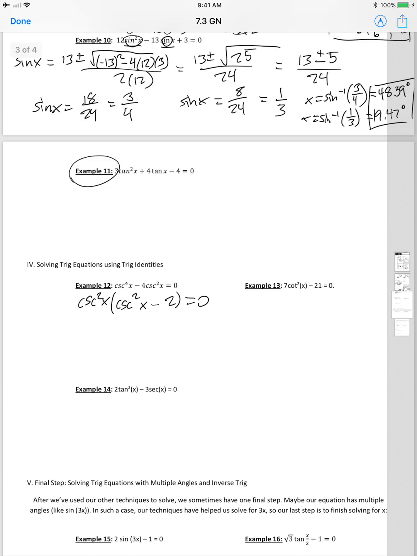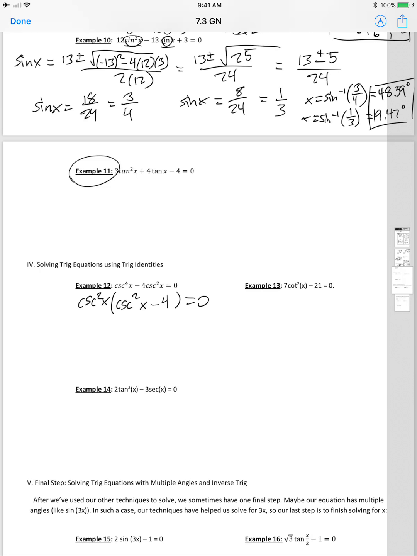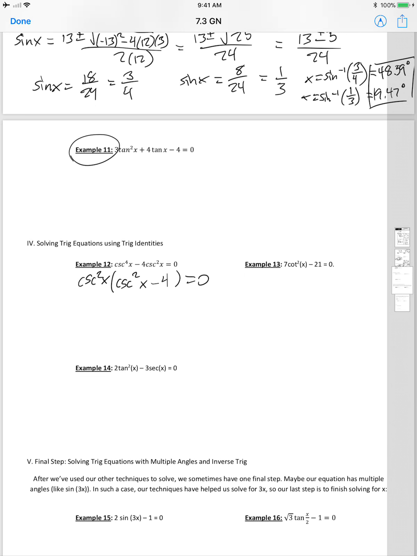Whoops, not sure why I wrote 2 there. All right, and certainly you could use those trig identities. You could change cosecant squared to 1 plus cotangent squared. But that would be more difficult for us. So instead, I'm just going to set each factor equal to 0.